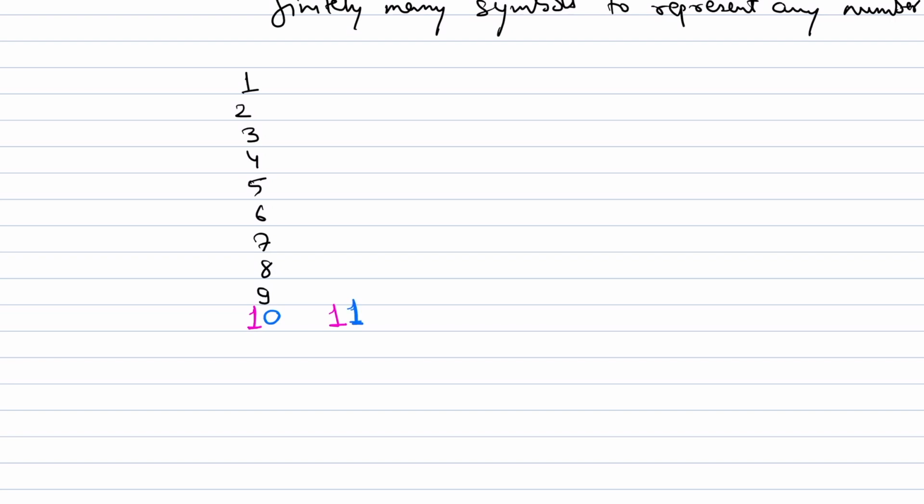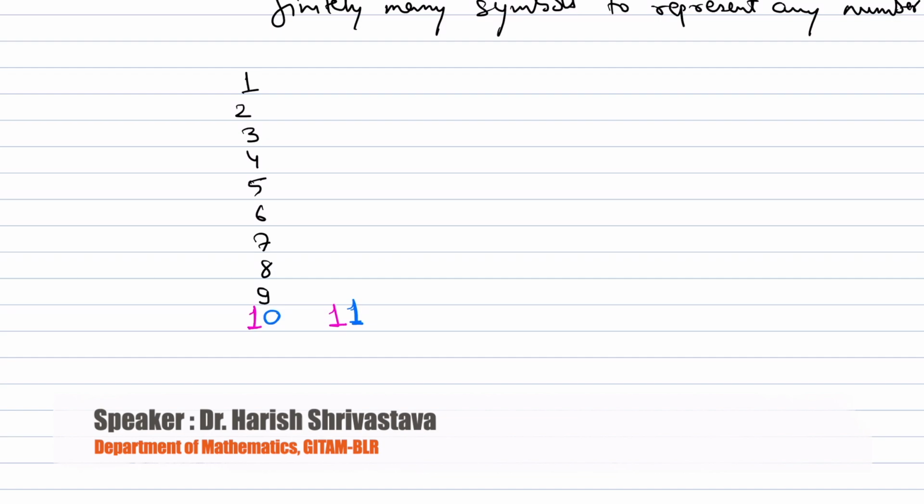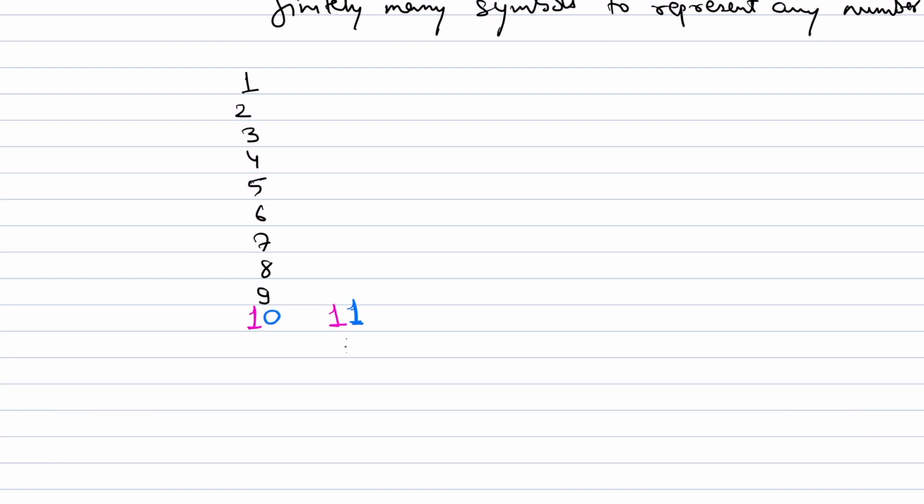Suppose I am given 15 things to count: I ran out of all the symbols I was given once, and after that there are 5 more things to count, therefore I write the symbol for 5. So this is how my 15 looks, and so on and so forth.